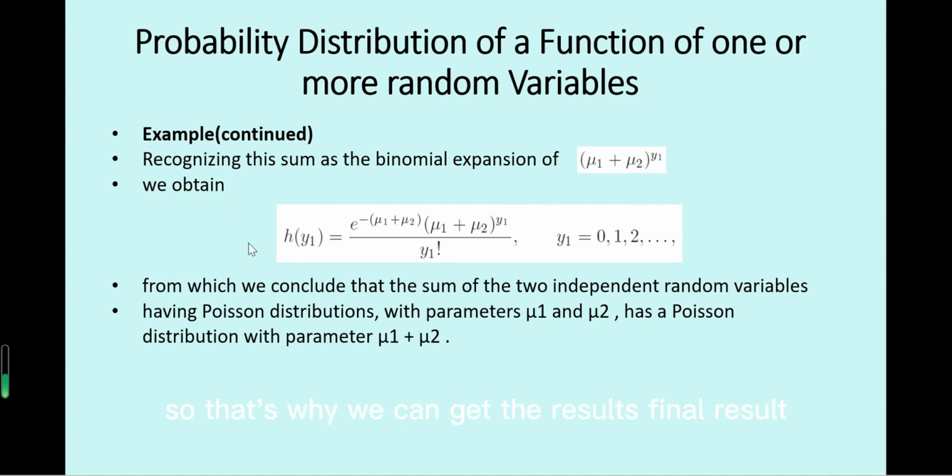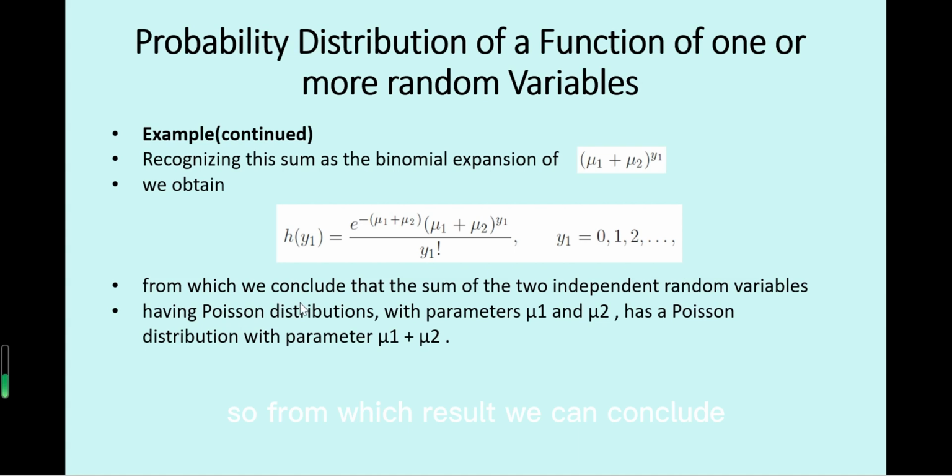So that's why we can get the final result for the distribution of y1, which is e to the power of minus (mu1 plus mu2) times (mu1 plus mu2) to the power y1, divided by y1 factorial. And y1's possible values are 0, 1, 2, 3, 4, and so on for integers.